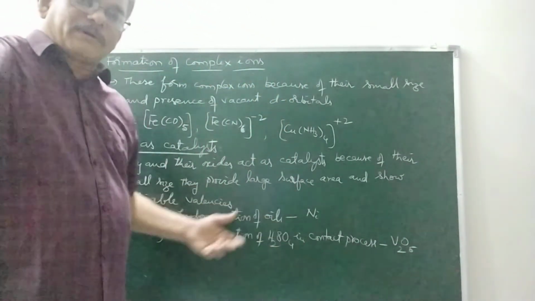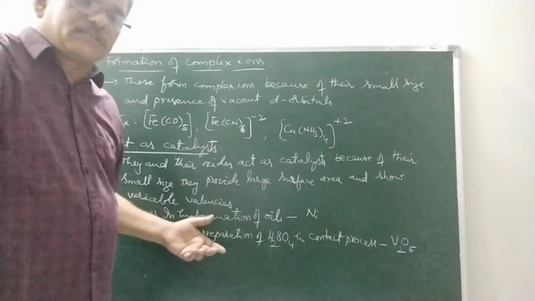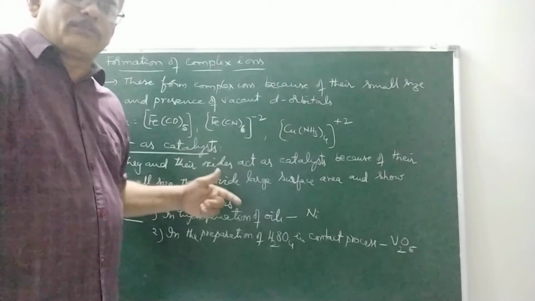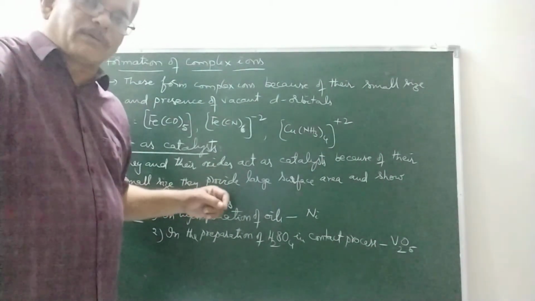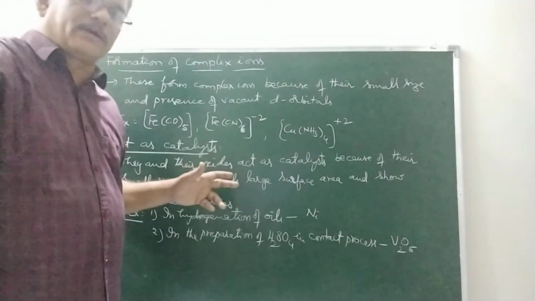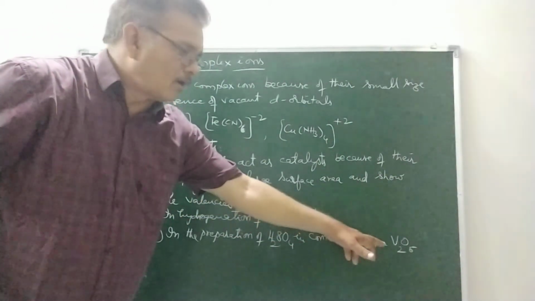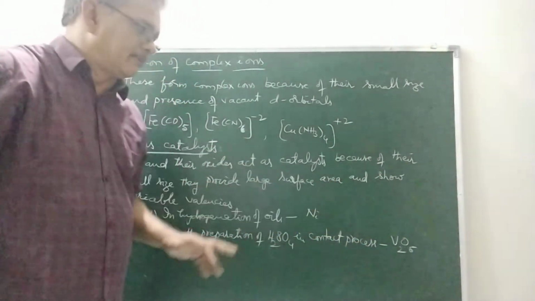Right? In the preparation of ammonia in Haber's process, we use iron as the catalyst. Iron is a d block element. And molybdenum acts as the promoter. Molybdenum is also a d block element. Here it is an element and here it is an oxide of a d block element.